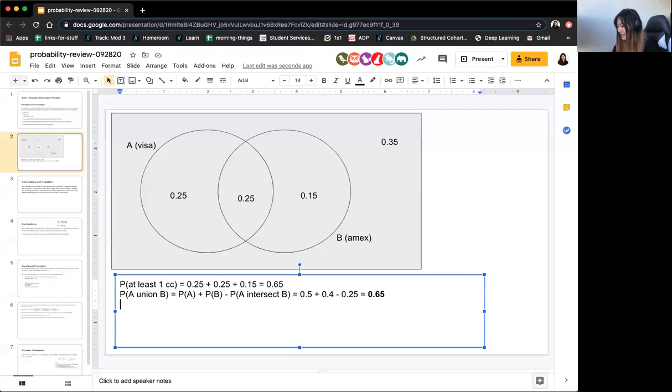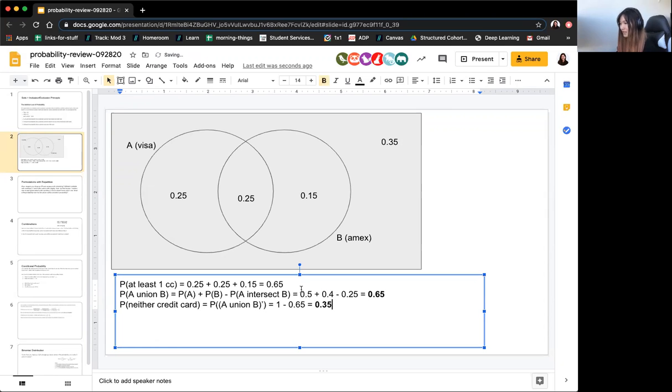We want the complement of A union B, so anything that isn't A union B would be 1 minus what we just calculated, 1 minus 0.65, which is 0.35. So that's our second question, the probability of neither credit card. Let me write that down.